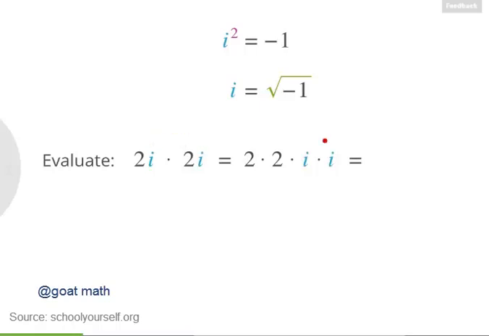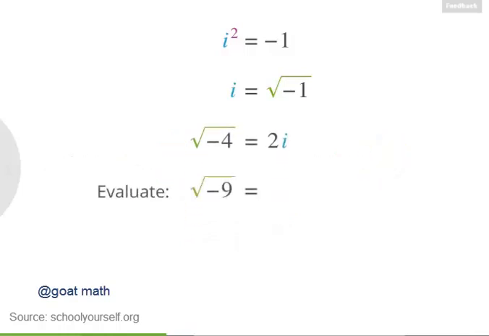So using the fact that i times i, or i squared, equals -1, evaluate this product. Excellent! So 2 times 2 is 4, and i times i is -1. So this product is -4. So you could say that the square root of -4 is 2i, because 2i multiplied by itself gives you -4.